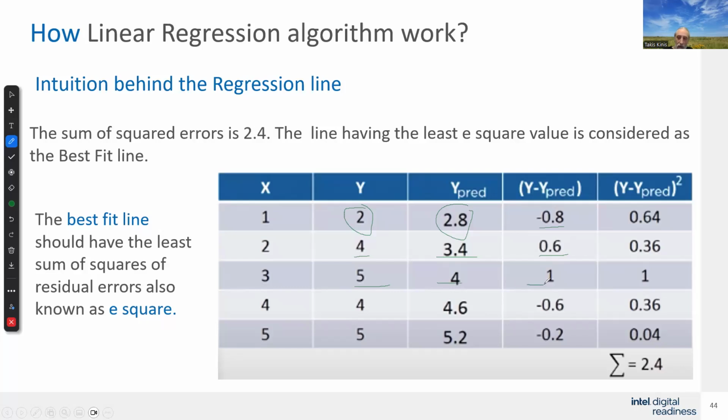Predicted, actual, 1, etc. And so we get all those values. Then we square them. And the reason we square them, this is a trick in math, is because it gets rid of the negative sign. It makes all numbers positive, right? And then we get the sum of all the errors or differences, and that gives us a value of 2.4.